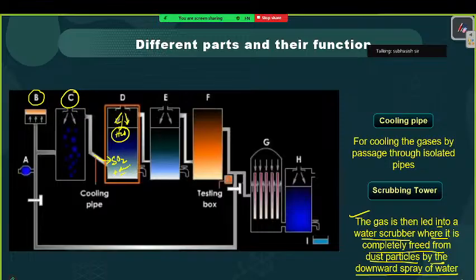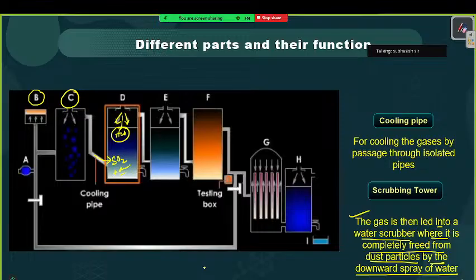As we have mentioned previously, if any dust particles are present in the gaseous mixture, then those dust particles contaminate the vanadium pentoxide, and the rate of reaction or efficiency of the catalyst decreases, and that's why it is quite important to remove the impurities.